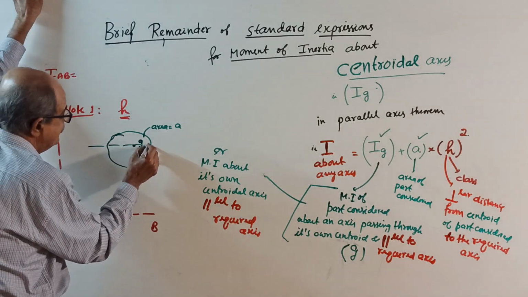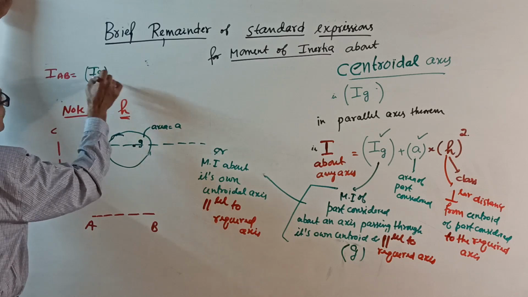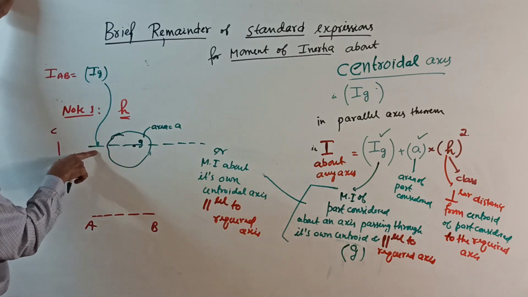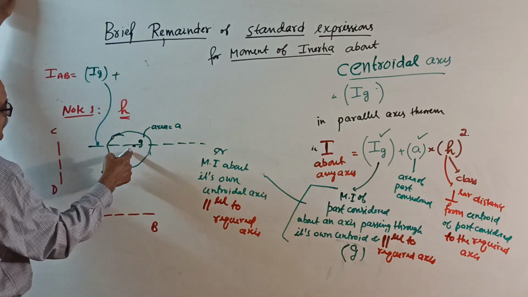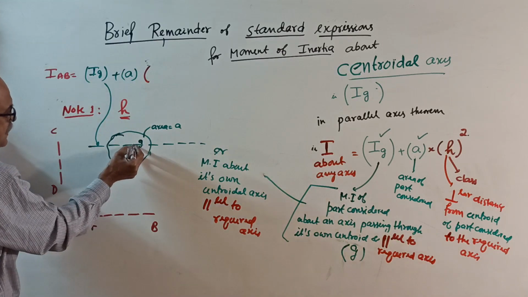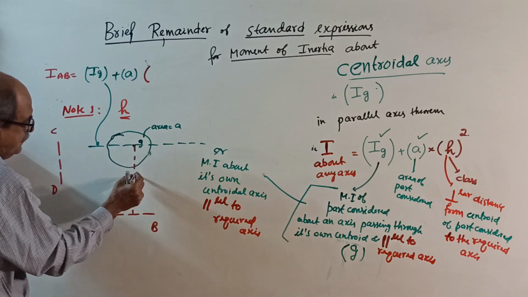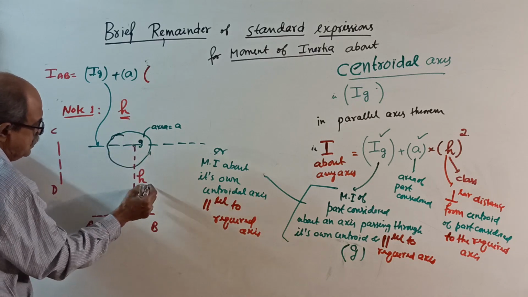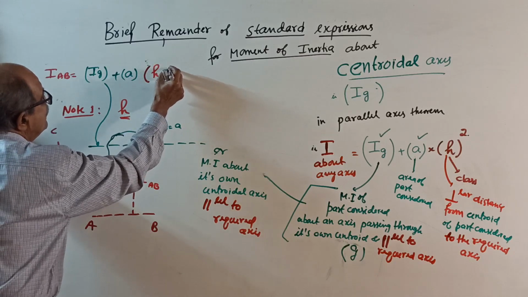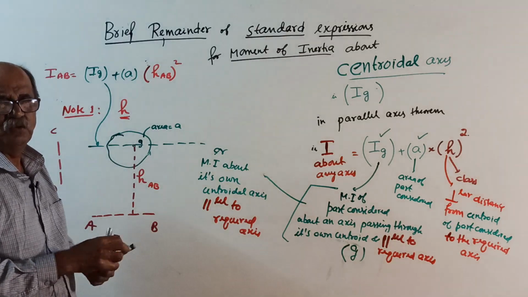So I about AB equals Ig, about this axis, plus this area into the perpendicular distance from centroid G to AB, that is h AB square.